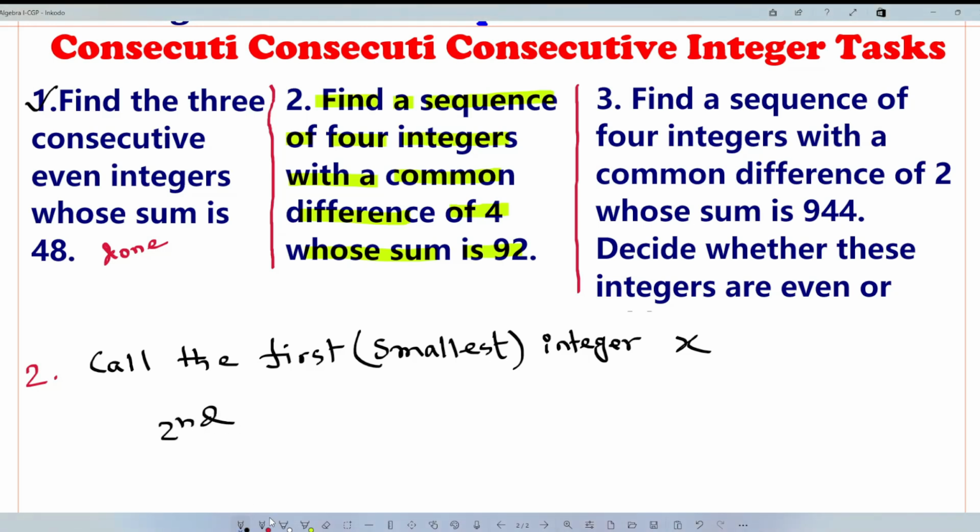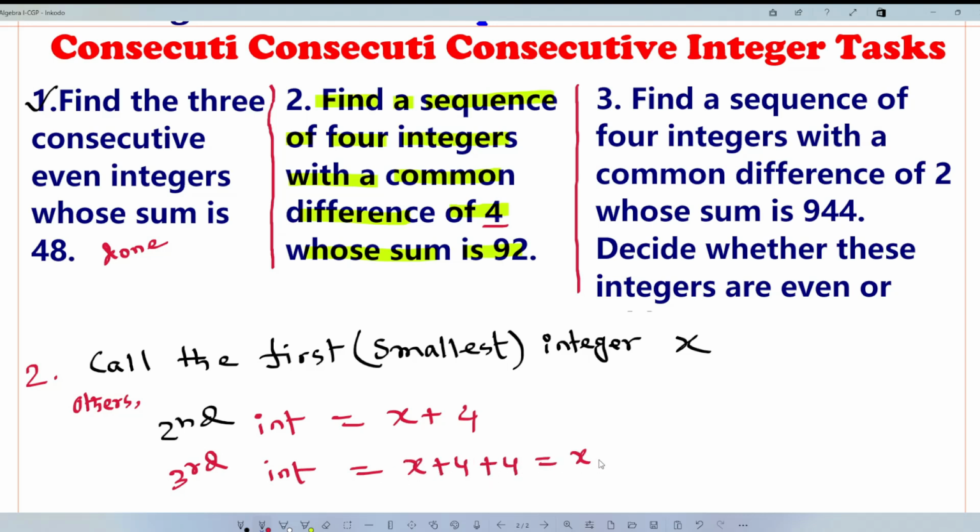Second, or we can write the others. Second integer, look, here the difference is 4, so x plus 4. Third integer, x plus 4 plus again 4, it means x plus 8.